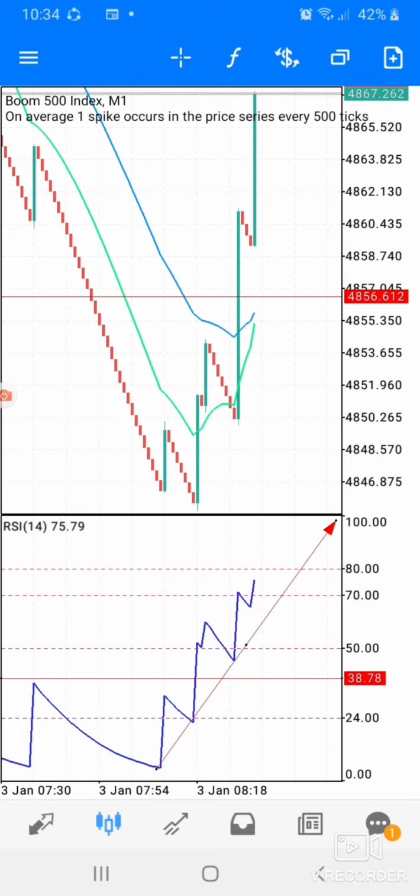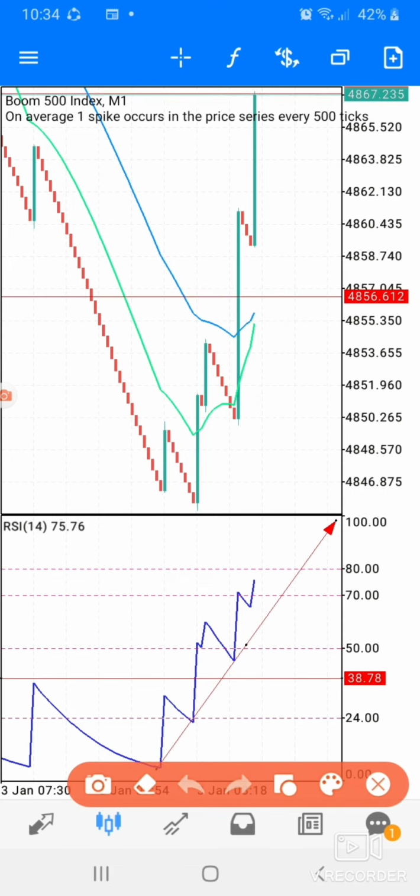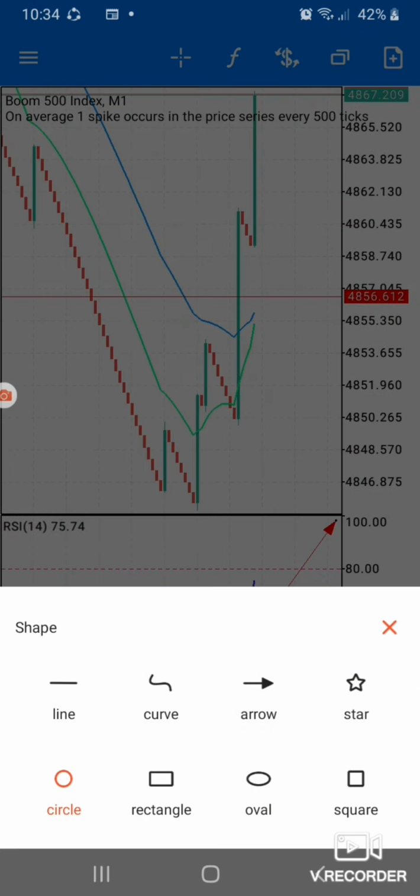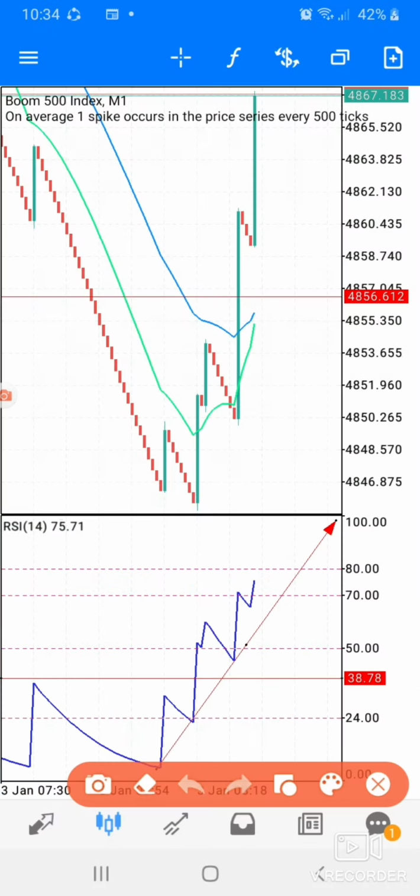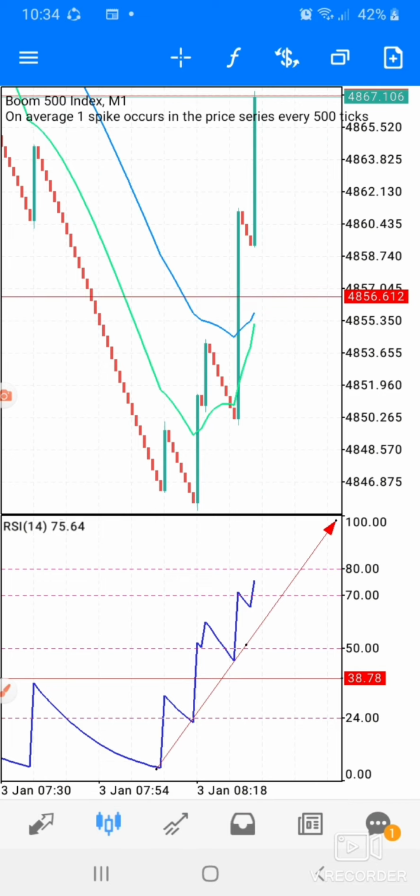I'm talking about these points: the first one, the second one, and this one. This normally applies when the market is trending. Let me repeat this.